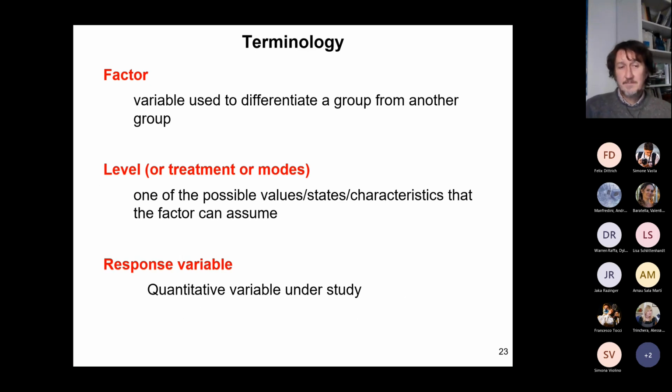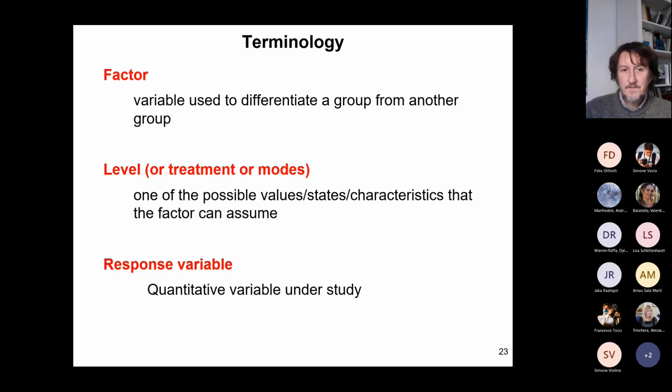Some terminology is important. What is a factor? A factor is the variable used to differentiate a group from another group. That means the cultivar in the example of the apples is a factor. So cultivar is the factor.